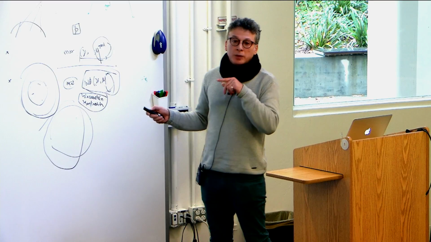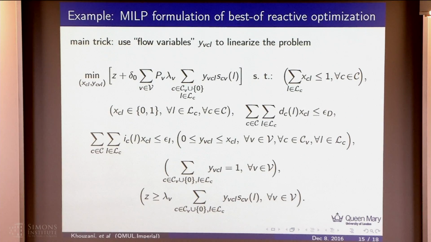And so how do we turn that problem, which is not linear, because the maximum between optimization variables is not linear, into a linear one? We introduce some flow variables that linearize the problem.